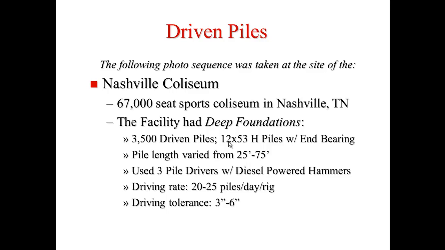This is like an I-beam or W-beam. And the 53 is pounds per linear foot. So it's a piece of steel that's 53 pounds per linear foot. The pile lengths varied from 25 feet to 75. They used 3 pile drivers with diesel-powered hammers. They did 20 to 25 piles per day per rig. The driving tolerance is 3 inches to 6 inches.